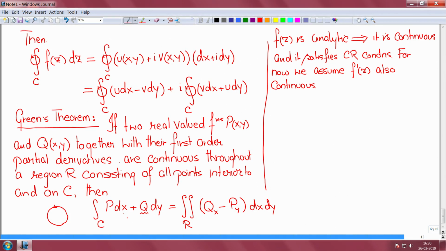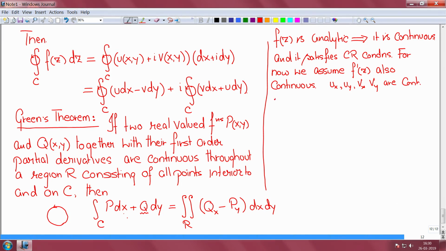So we are assuming that f dash is continuous for the moment. That means since f of z is composed of u and v, u partial x, u partial y, v partial x and v partial y are continuous.